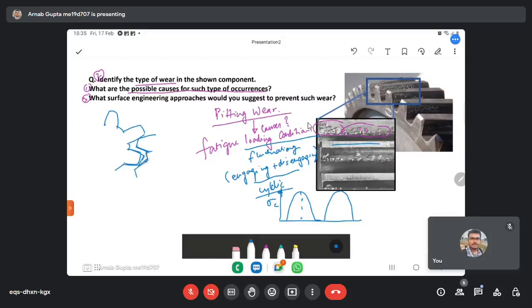I'm just roughly drawing it. Say these are two gears which are mating.